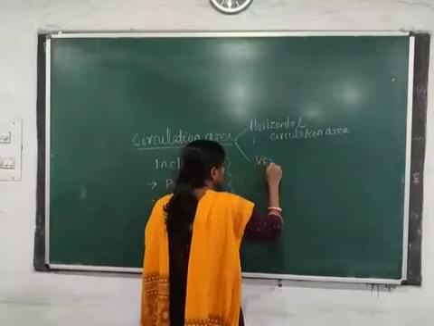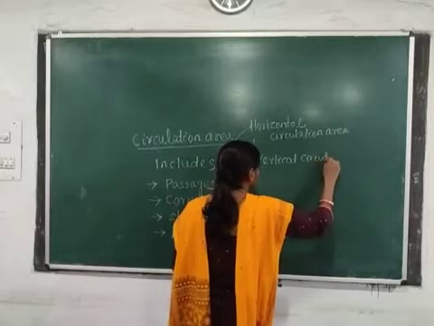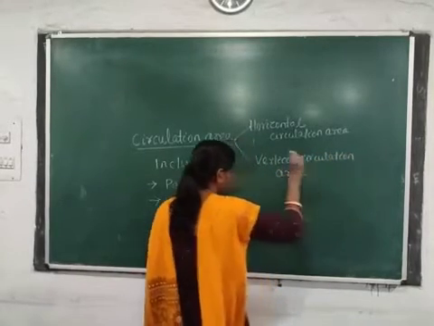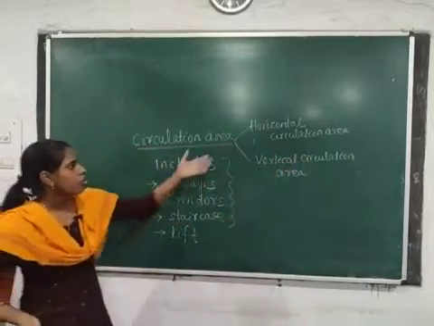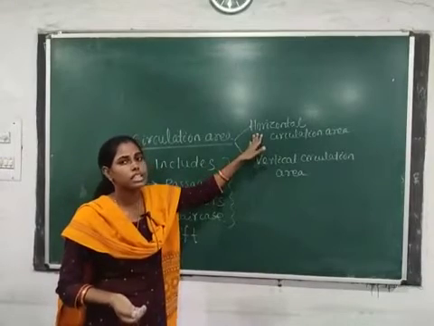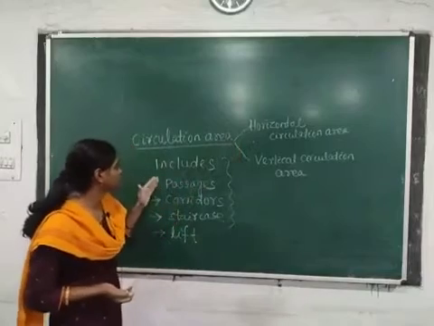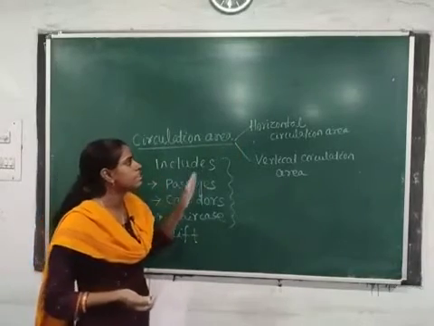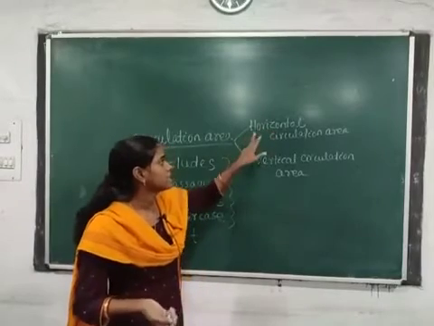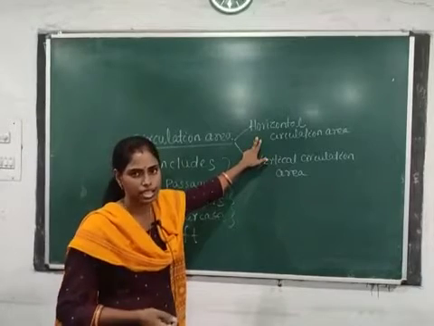Second one is vertical circulation area. Horizontal circulation area covers the area of passages and corridors which are generally used for horizontal movement of the persons, and it is generally about 10 to 15% of the plinth area.